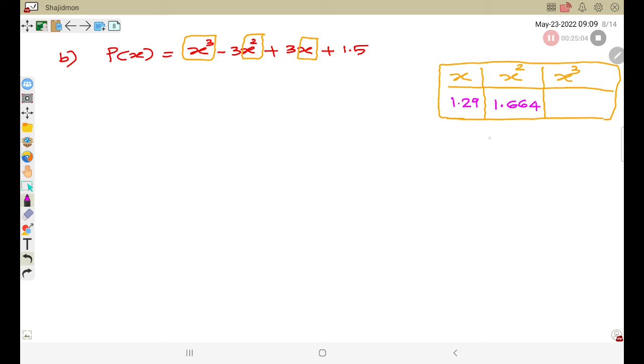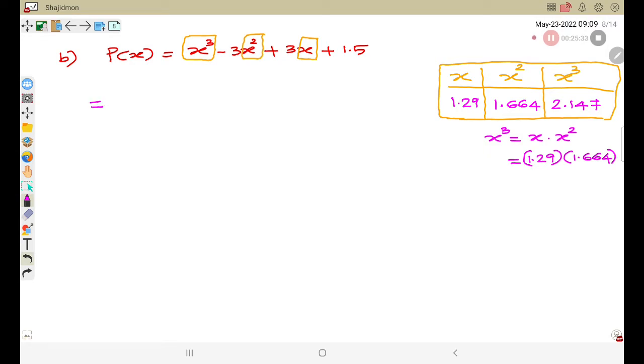Now x power 3. As I told you, x power 3 is calculated as x power 2 multiply x, or x multiply x power 2. That means 1.29 multiply 1.664. You will get the 4 digit rounding number 2.147. Now apply that number here in the question.